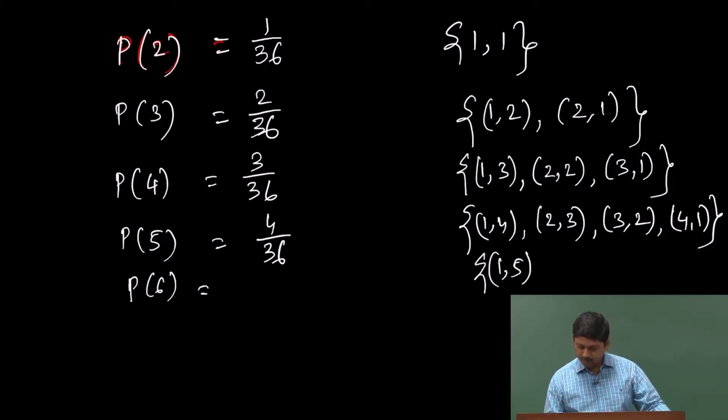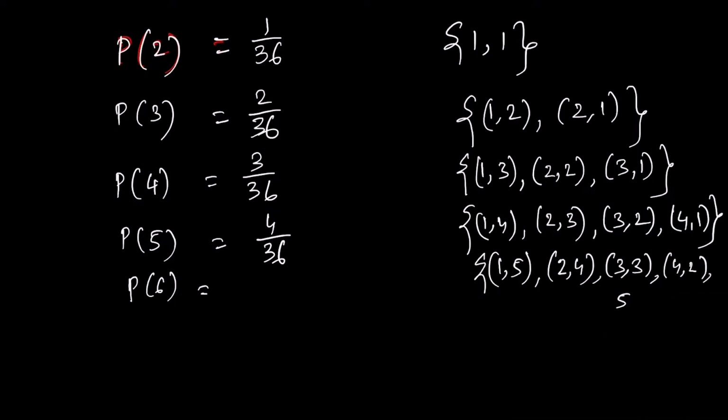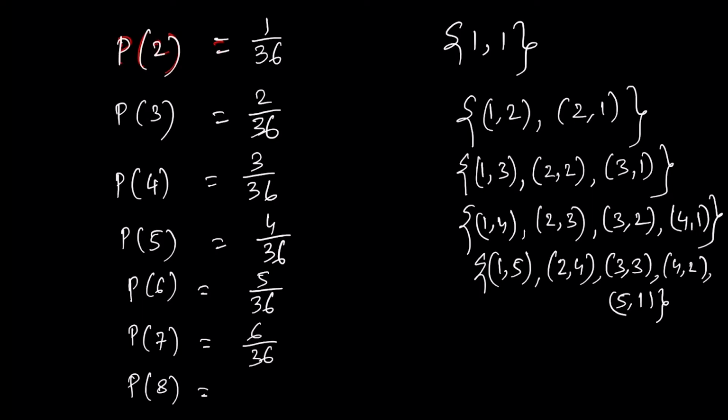1 5, 2 4, 3 3, 4 2, 5 1. 5 possibilities. How many ways can you get 7? We will see it is 6 possibilities. I will not do that, and you can do that again.